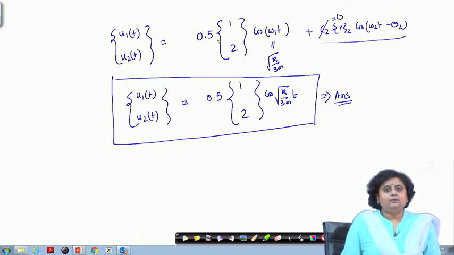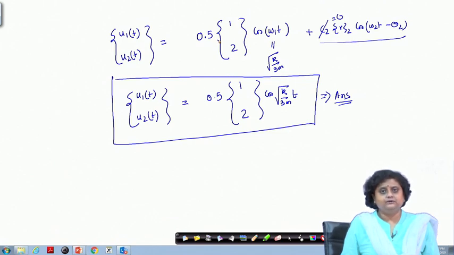So, we have not done mass normalization here because it would not have proved very computationally efficient. But from the next lecture onwards, I will be solving problems where it would be shown that mass normalization of the mode shapes or the modal matrix becomes very useful and makes the solution of the problem very simple.